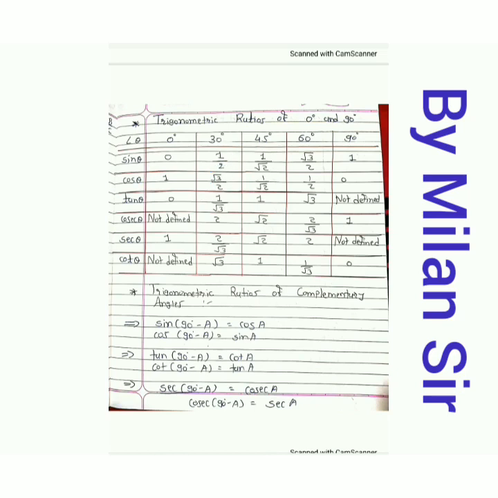Now for angle 45, again take one right angle triangle ABC. This is your 90 degree. Now if your angle is 45 degree, then obviously your second angle, that means angle A, is also equal to 45 degree by using angle sum property.